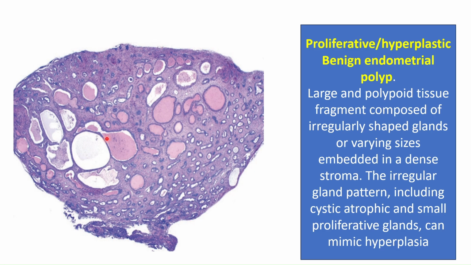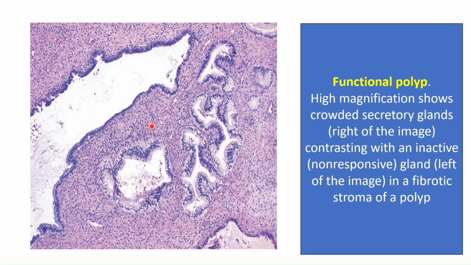Glands are mainly cystically dilated, varying in size and shape, and this is called cystic atrophic gland, and some of the glands are small in size, showing proliferative activity. So it mimics hyperplasia. So this is proliferative or hyperplastic endometrial polyp.